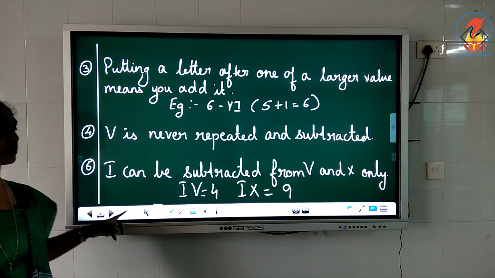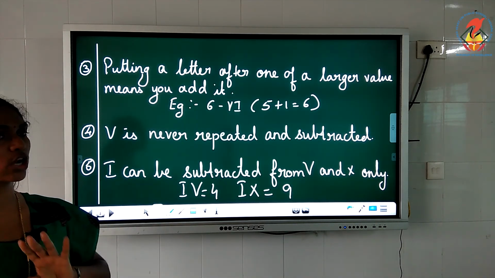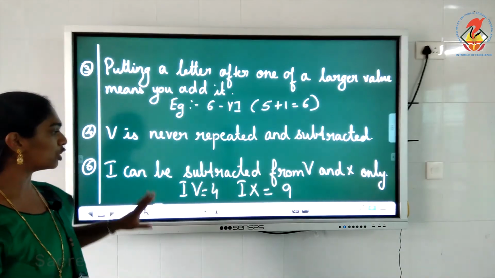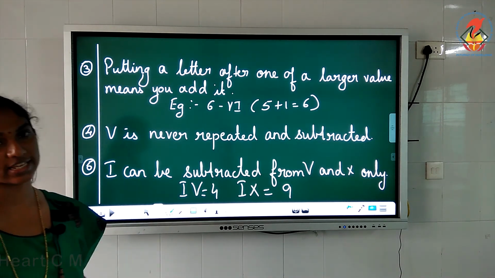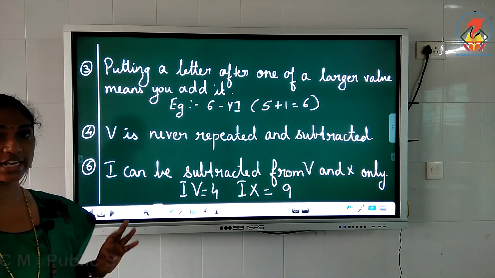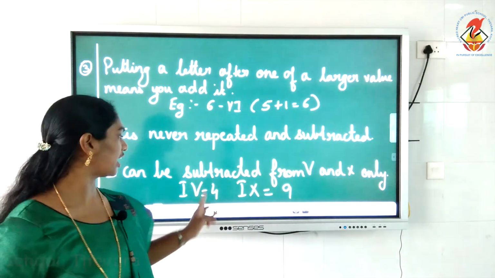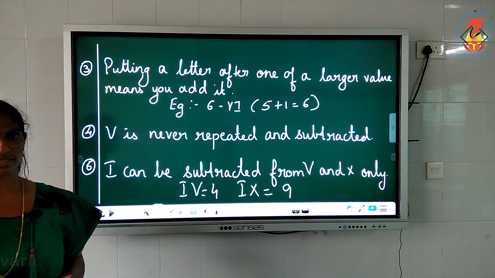So, you can put I only before V and X. You cannot put I before any other letter. Okay children? Now, using these 3 letters I, V and X, the Romans were able to write the numbers up to 39.